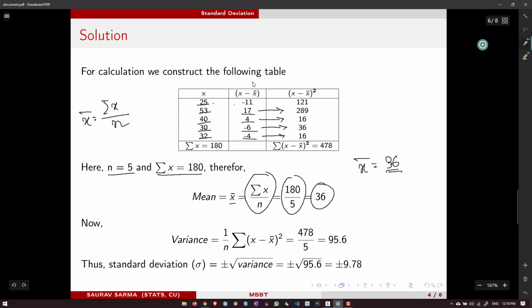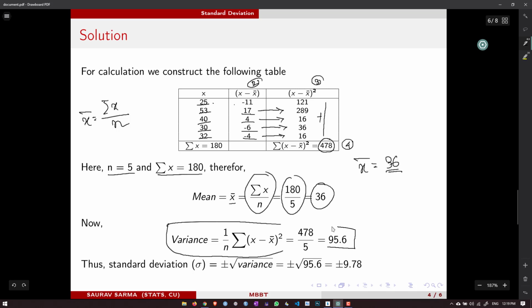This is step number 3. Step number 4 is you will have to add them. Summation: if I add all these numbers, I got 478. What is step number 5? Step number 5 is to find your variance using this formula: 1 by n summation x minus x bar whole square, which is equal to 478 divided by n, which is 5.